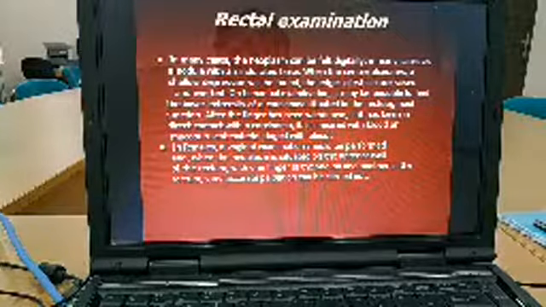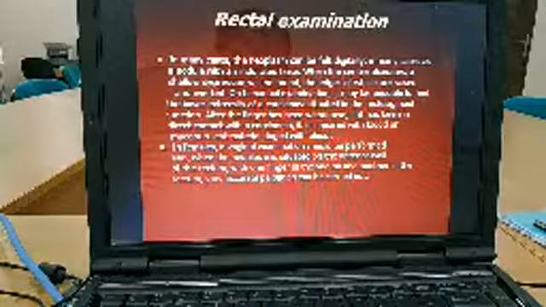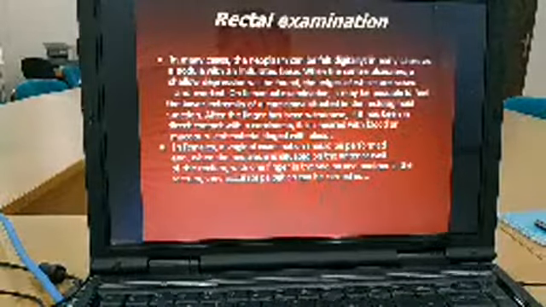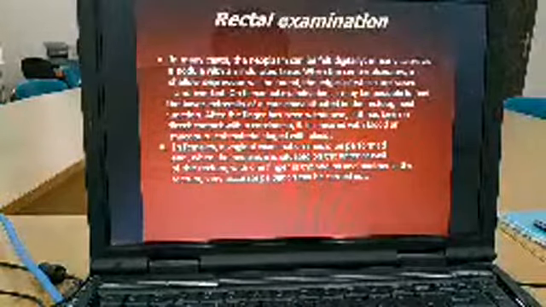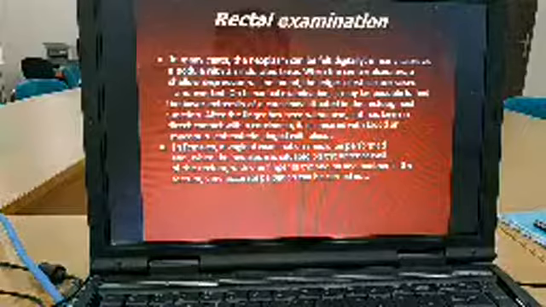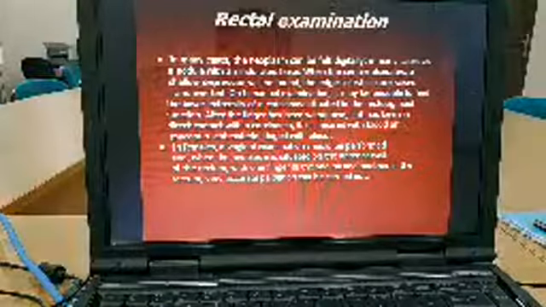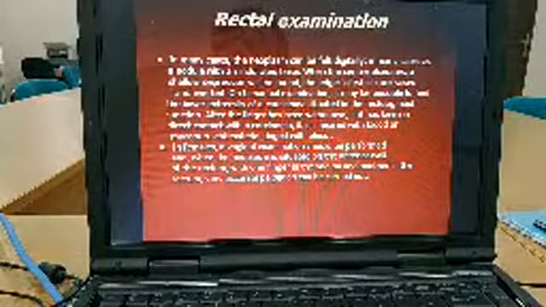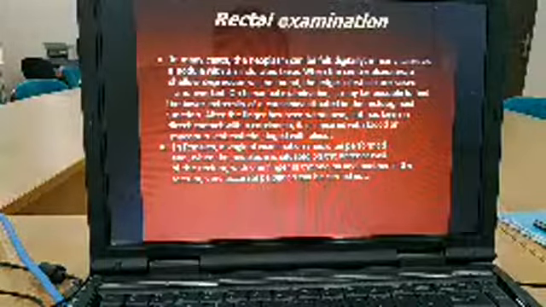If it is a stenosing, annular, or tubular lesion, you will find that your finger is very difficult to pass through the lesion. It may be possible to feel the lower extremity of a carcinoma situated at the rectosigmoid junction.